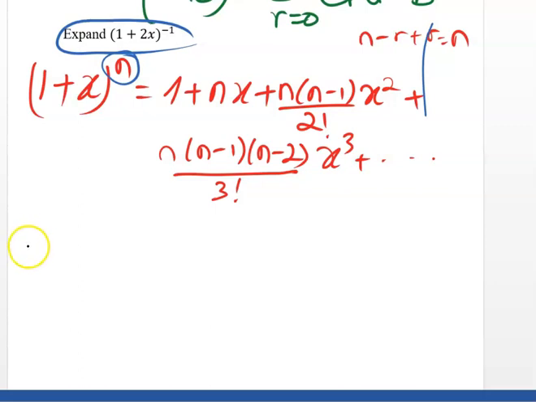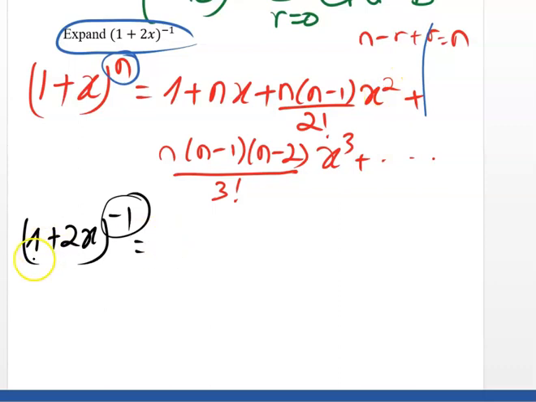It means our n is negative 1 in the first place. If we are expanding it, they can specify, let's say, up to the term x squared. Always verify whether the first term is 1, because if it's not 1, we have to do some work.